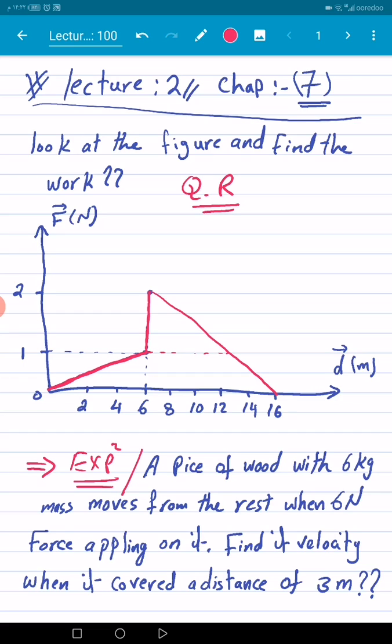So the quick review: last lecture we discussed the work. We used the symbol W, the first letter of the word work. The work is equal to the force F multiplied by the distance multiplied by cosine theta.